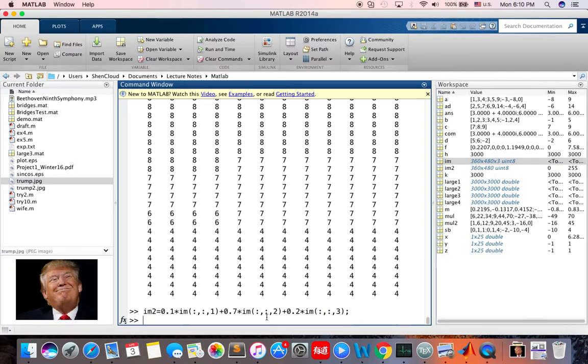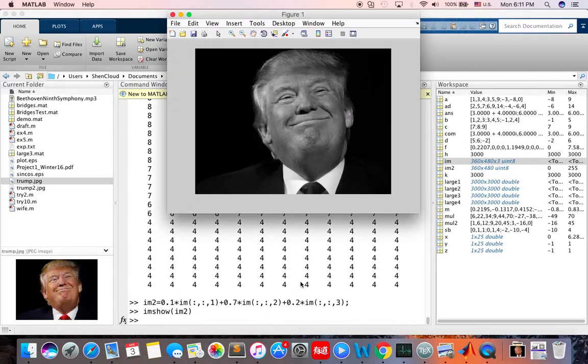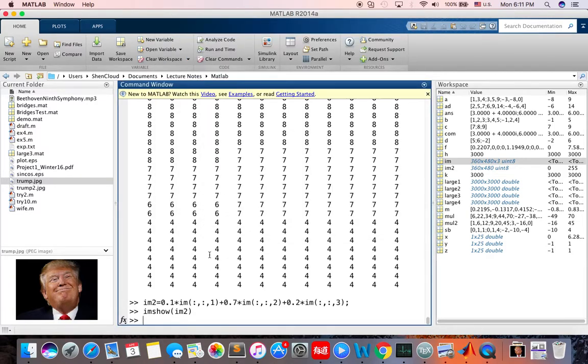So image2 is the grayscale image. We can show what it looks like. So image2, we can see it is the grayscale image of Donald Trump.